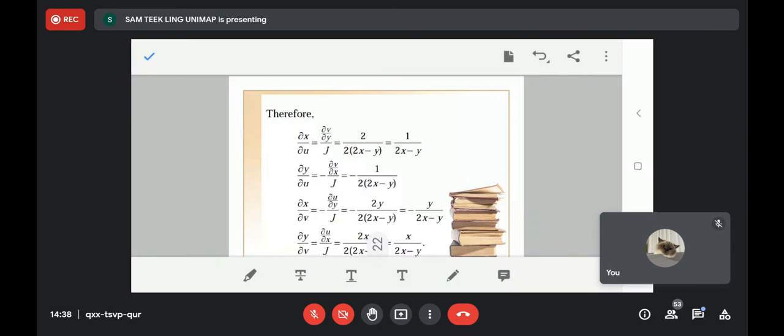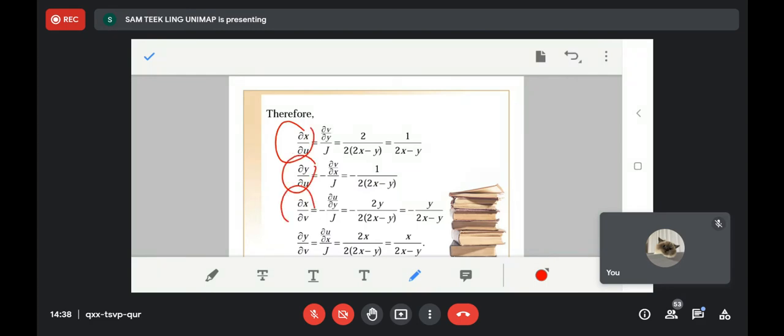So after we got the j, then we apply the formula to find del x del u, del y del u, del x del v, del y del v. If you want to write del x del u, you can give x u equal, it's okay, I know.